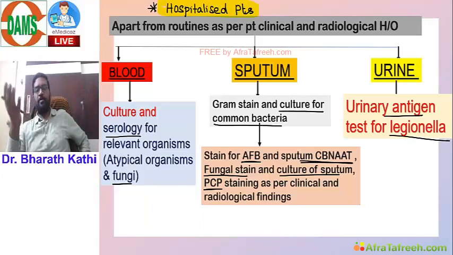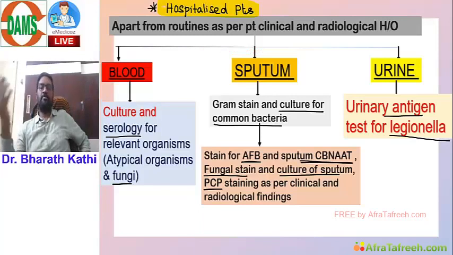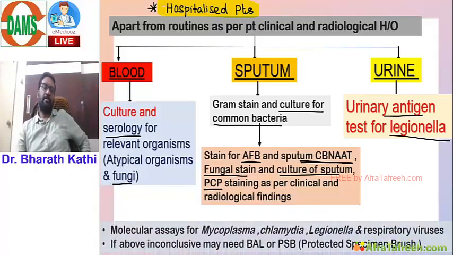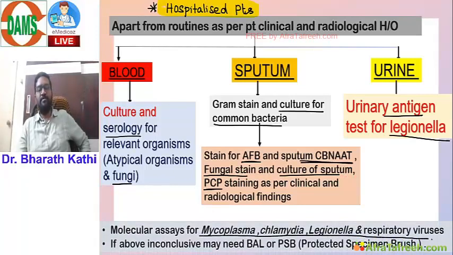Now if the above reports are inconclusive, and there is still pneumonia, you have to go for a better sample. A better sample is always going into the lung and taking an ample sample. What is that ample sample? It is bronchoalveolar lavage. We can also perform molecular assays for Mycoplasma, Legionella and respiratory viruses.